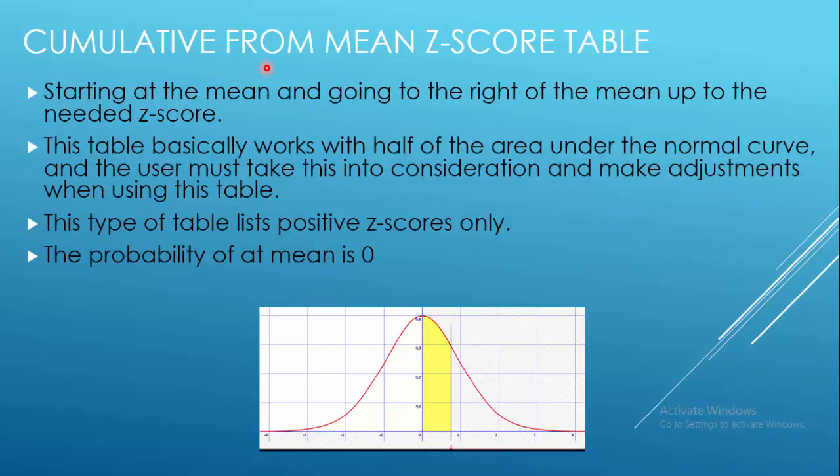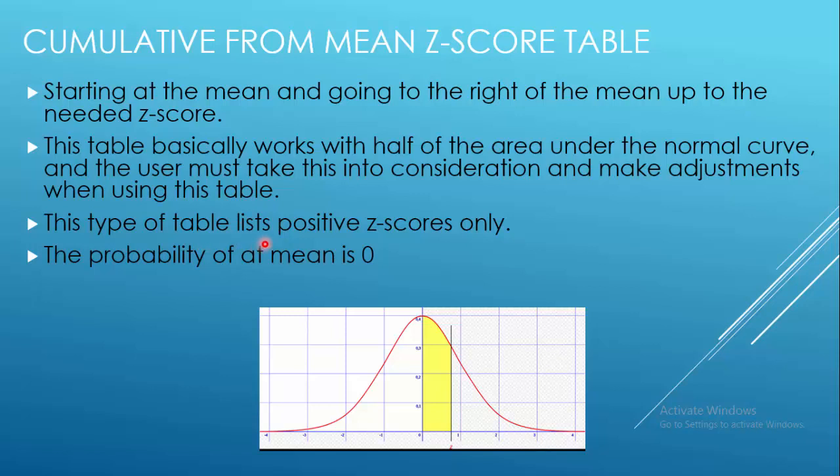Now the cumulative from mean z-score table. It starts at the mean and goes to the right up to the needed score. So instead of starting from minus infinity, it starts from the mean of the z-score. This table basically works with half of the area under the normal curve, and the user must take this into consideration and make adjustments when using it.